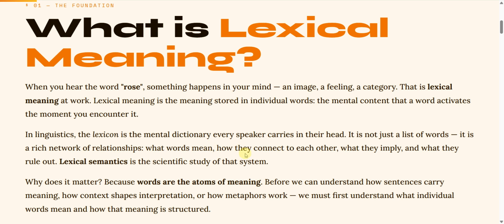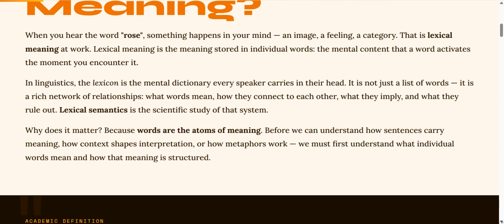In the lexicon, there is a huge amount of words stored, like is, are, and then walk, walked, walking. There are lots of words in our lexicon. So to understand how meaning is interpreted in context, we first must understand the individual word's meaning.